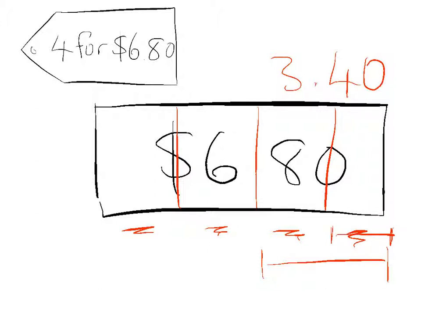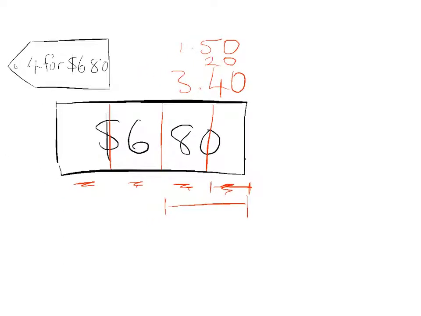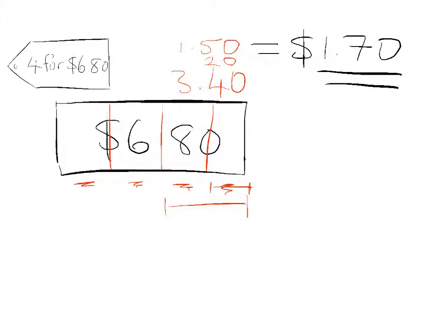So I'm going to cut $3.40 in half, and half of 3 is $1.50, and half of 40 is 20 cents. And so if I can just zoom out and move this over a bit, it is going to equal $1.70.